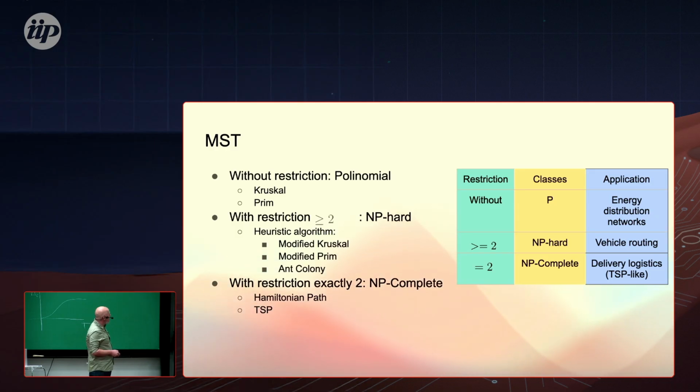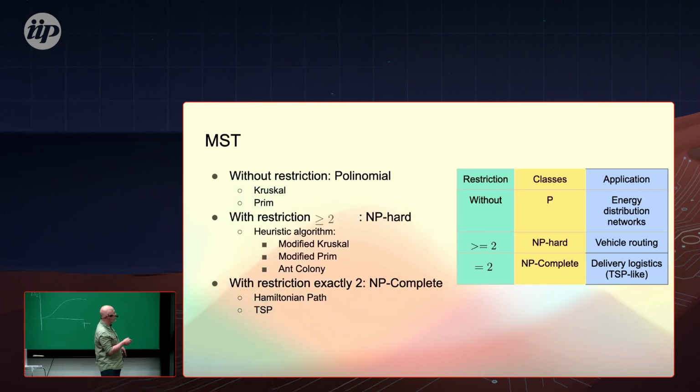But when we have restrictions, meaning, for example, that we have some paths that cannot be coupled, or even when we have degeneracy in terms of those weights, we have different kinds of algorithms, which are called modified Kruskal, modified Prim, and colony, that can be used in general.